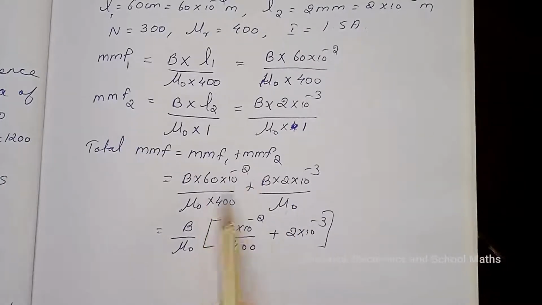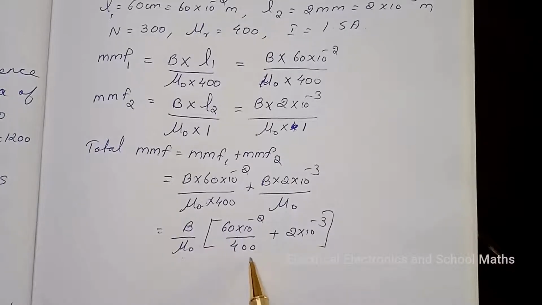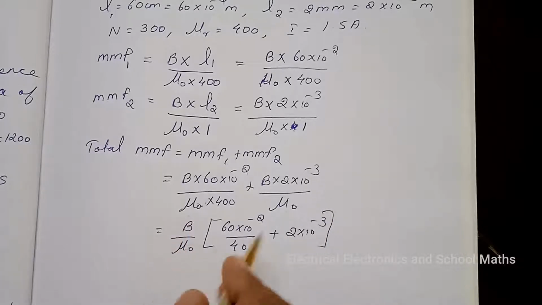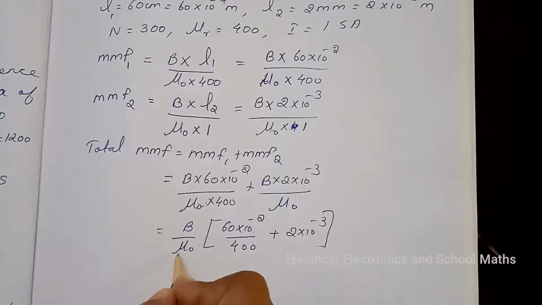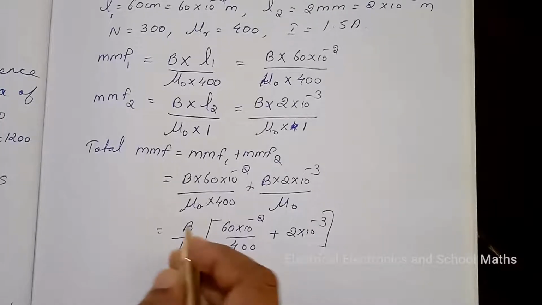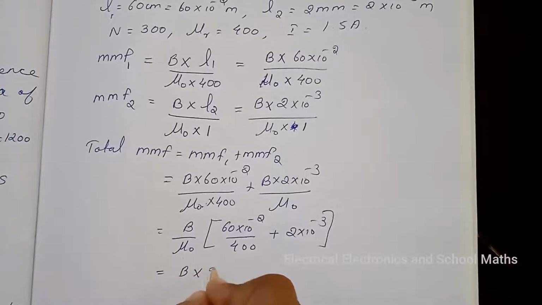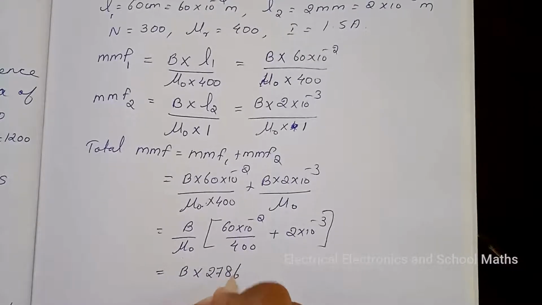Taking B and mu 0 outside, we get B by mu 0 into 60 into 10 raised to minus 2 divided by 400 plus 2 into 10 raised to minus 3. And substituting the value of mu 0, that is 4 pi into 10 raised to minus 7, here we get B into 2786.